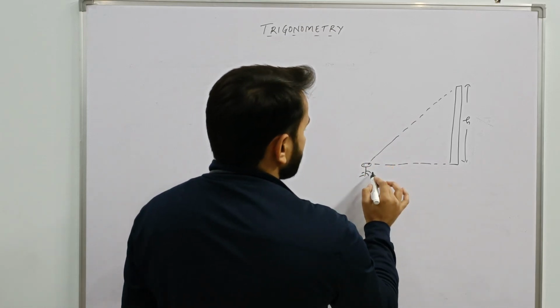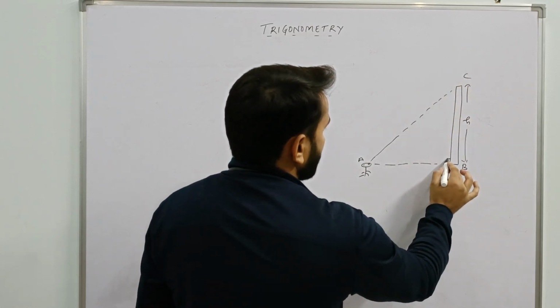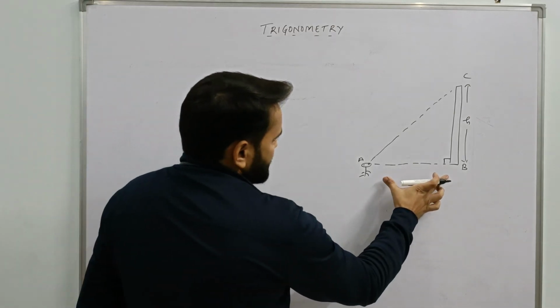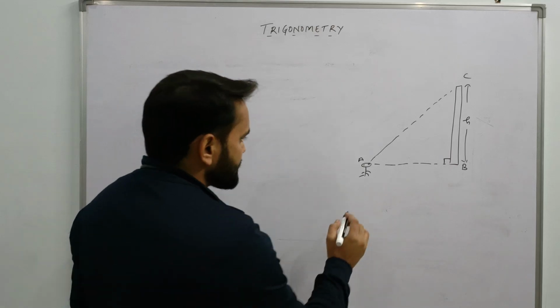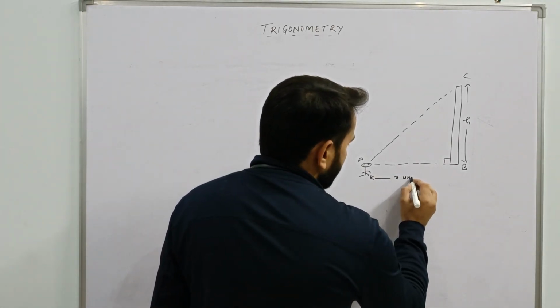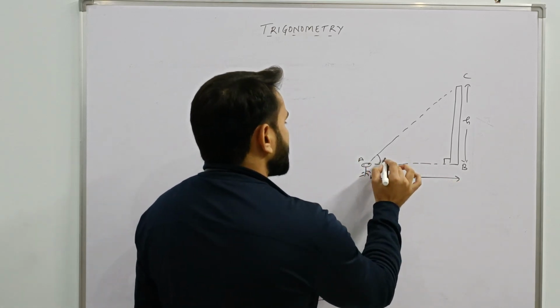Here you can see ABC is a right triangle, right angled at B. So you know that this horizontal distance is simple to measure. Suppose this horizontal distance is x units, okay, and this angle is theta.